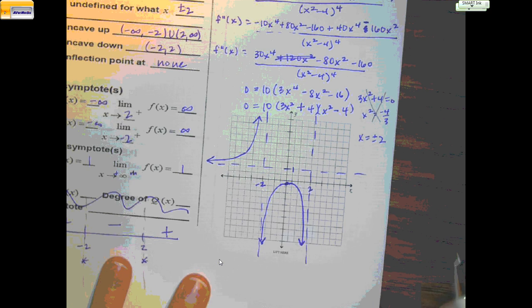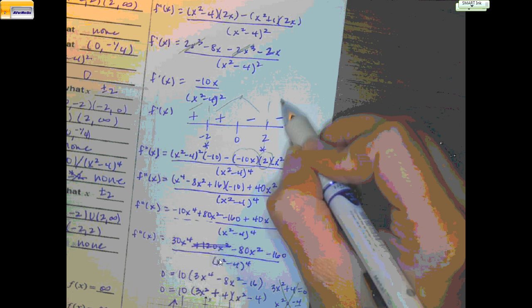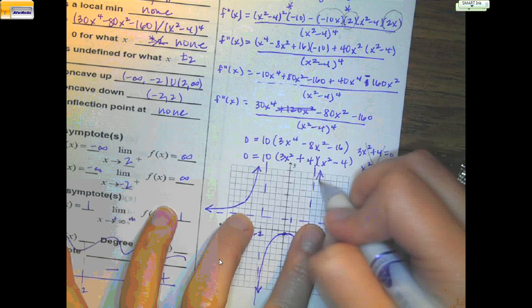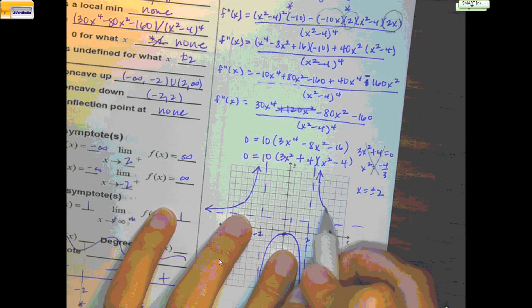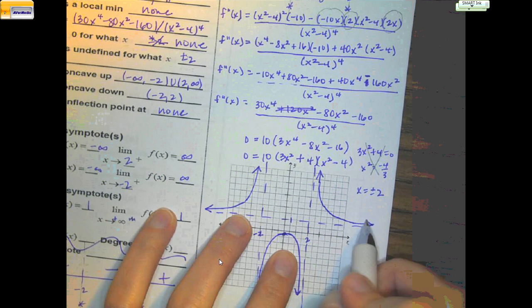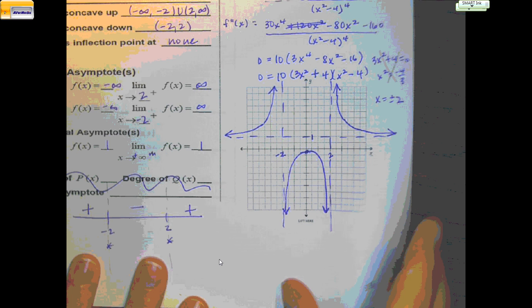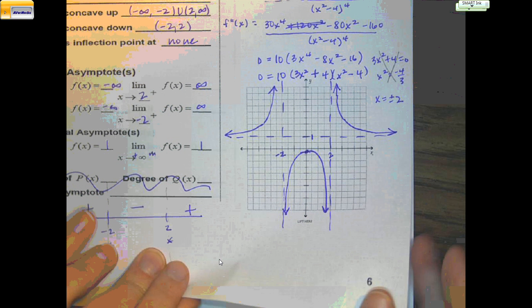You could probably guess what this other one looks like, but if you wanted to know for sure, to the right of +2, we are decreasing. It is concave up. As we approach 2 from the right, we're going to positive infinity. As we approach positive infinity, we approach 1. Ta-da! Questions on that one?